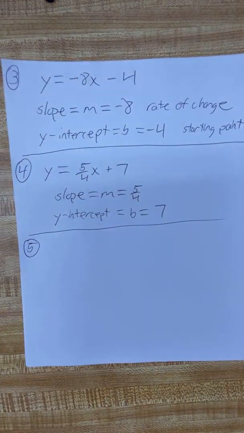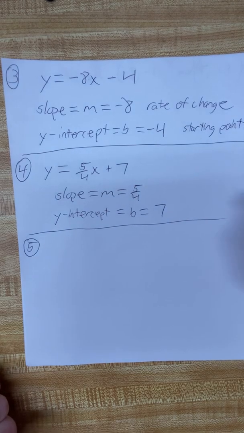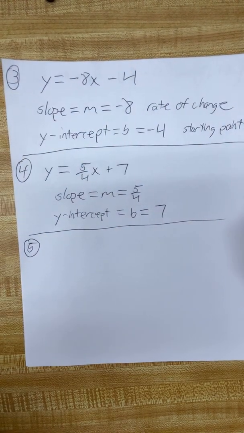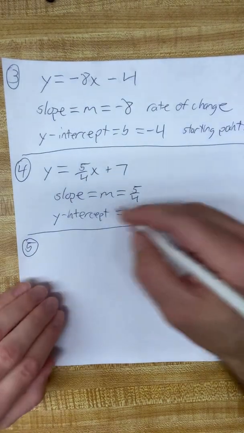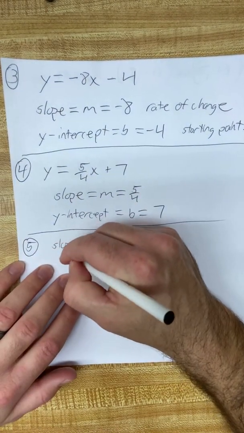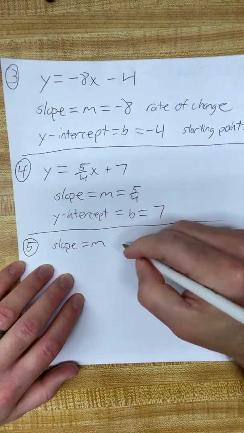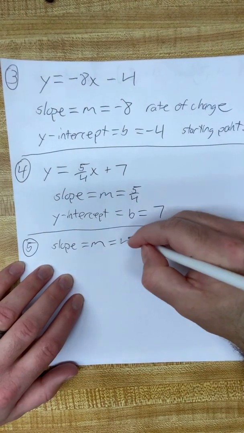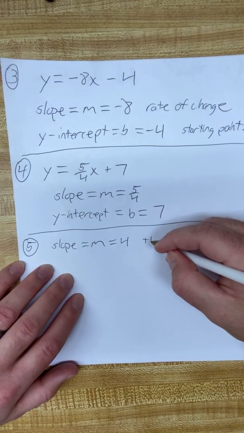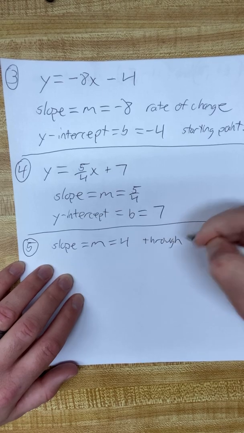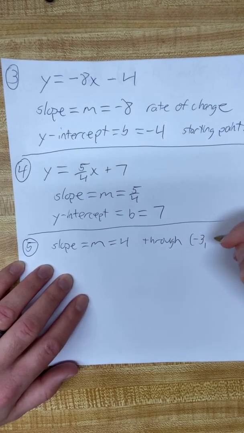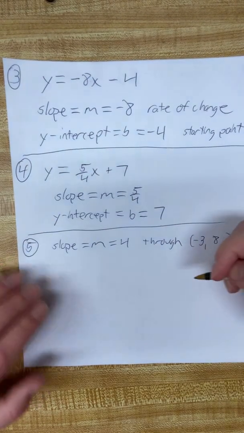All right, so there's all sorts of examples that we're going to work on with writing the equations of lines in slope-intercept form. We're going to start off here with, I'm going to give you the slope of the line. So let's go with just a slope of 4, and let's say the line goes through the point negative 3, 8.